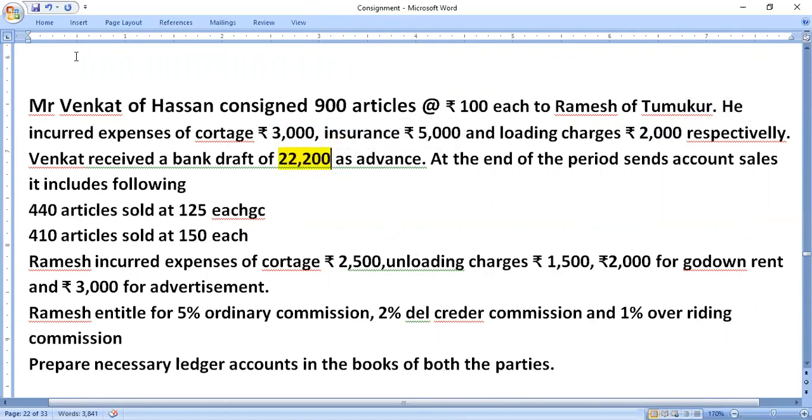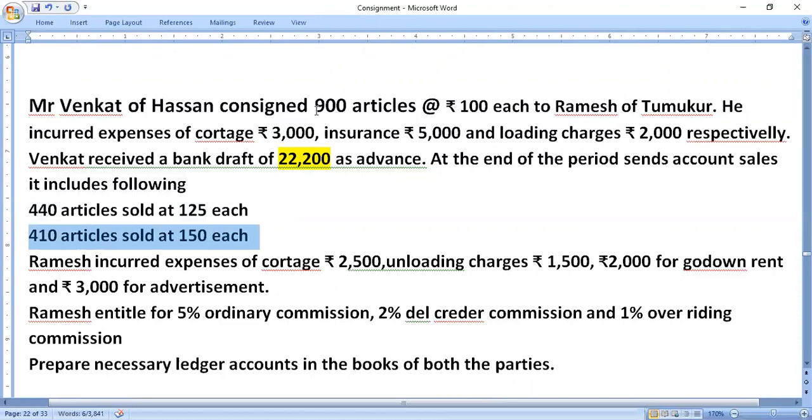At the end of the period, Ramesh sends account sales, which includes the following. 440 articles sold at 125 each. Then 410 articles sold at 150 each.